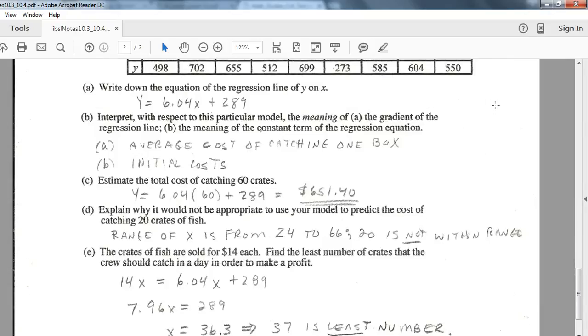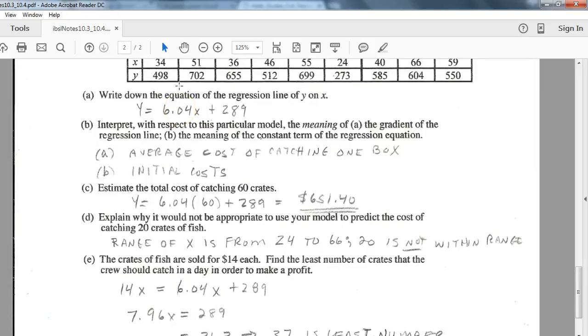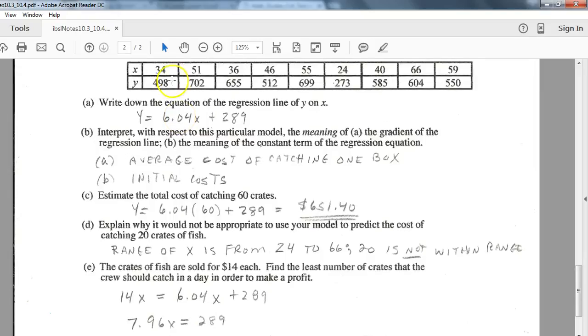All right, last part on this, and again, this is where a lot of the points come from, is interpreting the data. So please hear me on what I'm going to tell you on this. What does the gradient mean? Remember the gradient is this number, y equals mx plus b. This is your m, or your slope, or your gradient. Gradient recognizes rate of change.